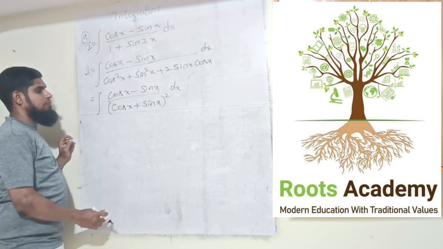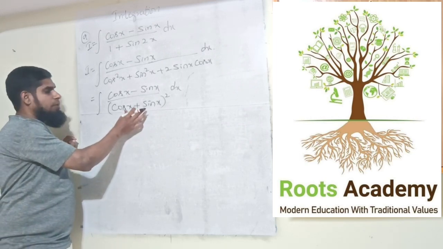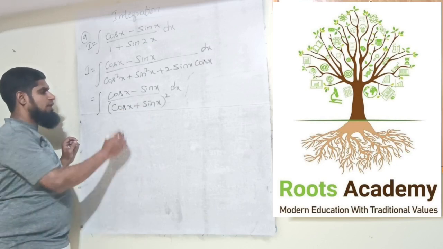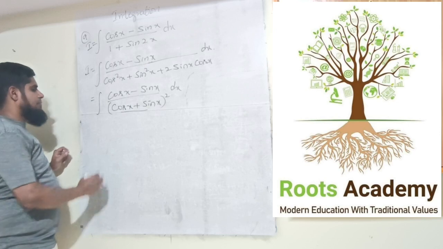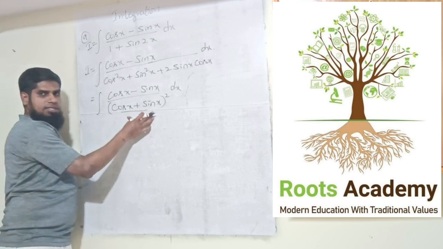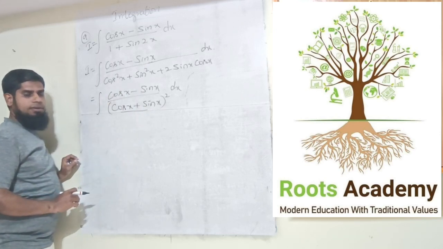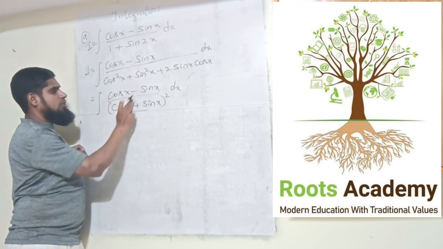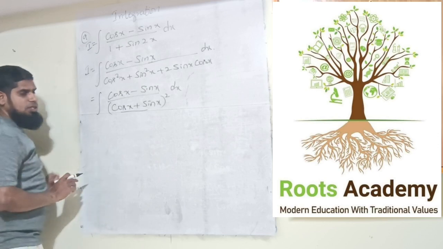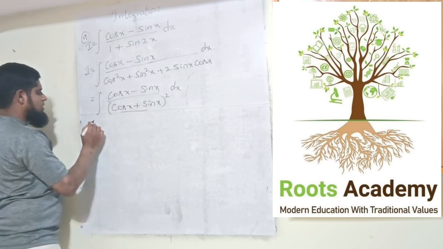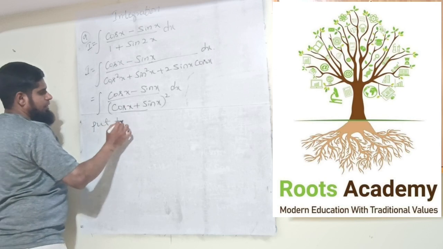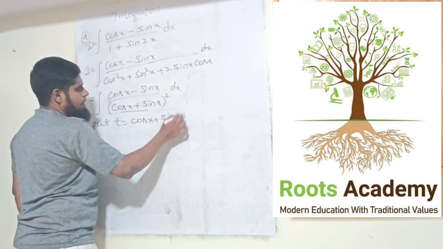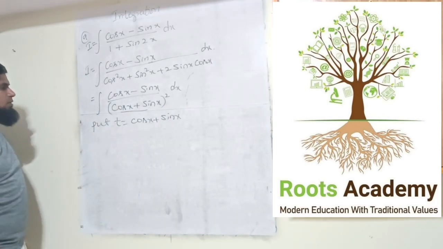So student, here I will take this denominator as t, because I know that its exact derivative exists in my numerator. Derivative of sin is cos, derivative of cos x is minus sin x. It exists. So I can apply the method of substitution here. So put t equals cos x plus sin x.